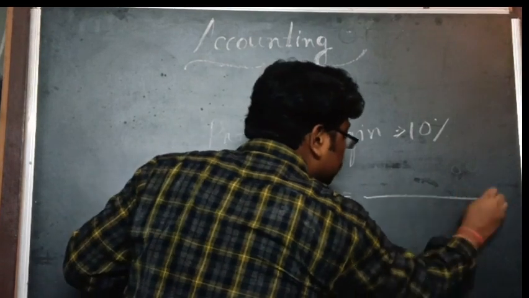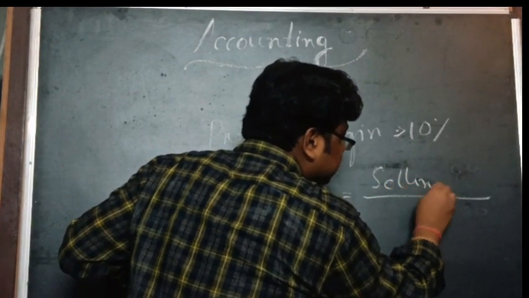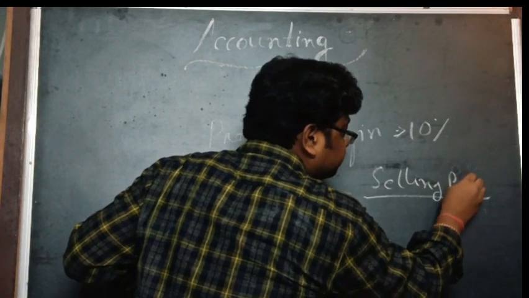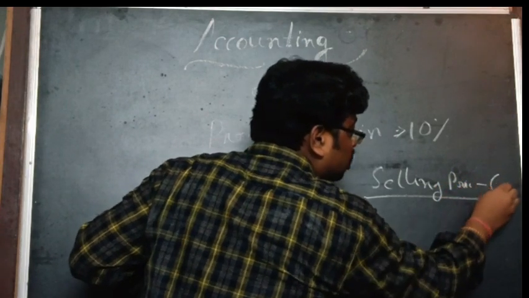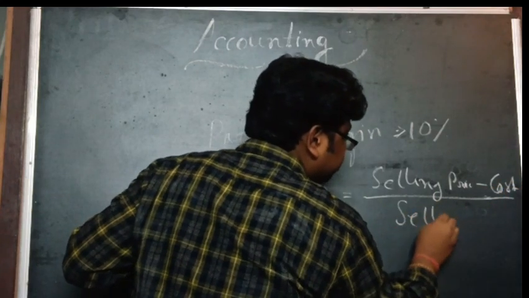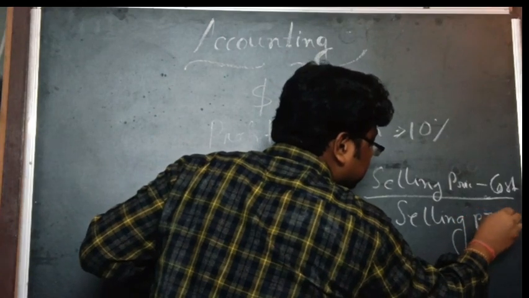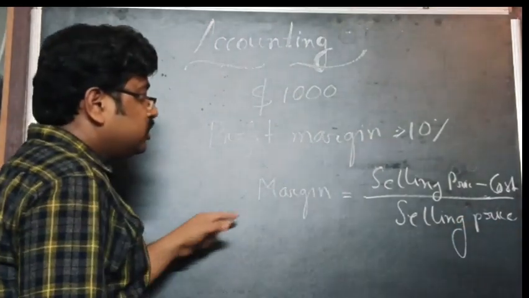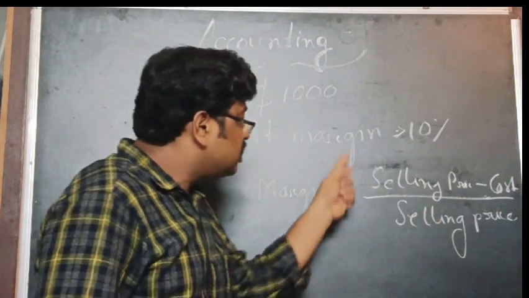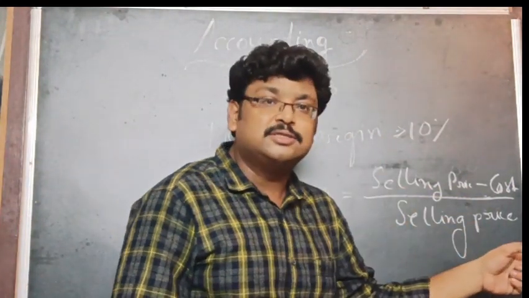Margin is equal to selling price minus cost, divided by selling price. This is nothing but the profit. So margin is nothing but the profit per unit of selling price.